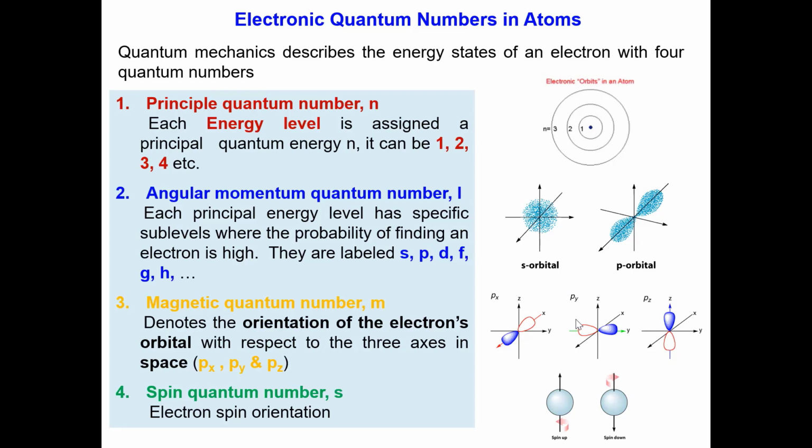Py is the p orbital along the y-axis, and pz corresponds to the p orbital along the z-axis. And the last one is the spin quantum number, that is represented by the letter s and corresponds to the electronic spin orientation, as if the electron is spin up or spin down.